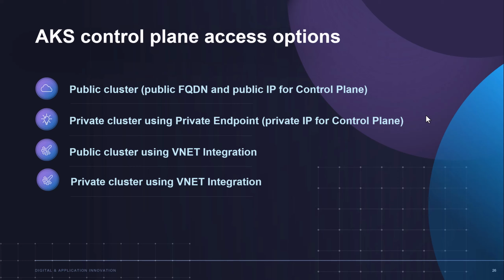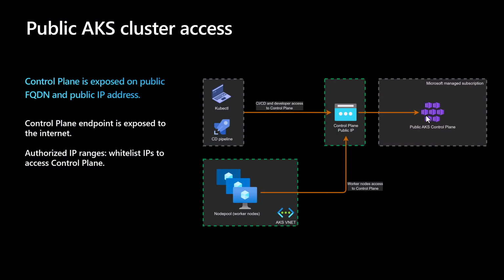And now, a few months ago, AKS introduced the VNET integration feature that could be used with a public or private cluster. We'll explore all of these four features in this demo, and we'll see what the architectural changes are for each mode. So let's start first with the very basic, very simple, that is the public AKS cluster.